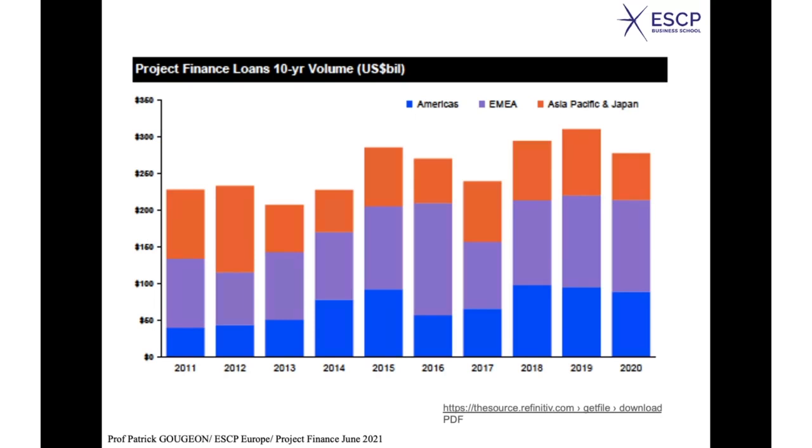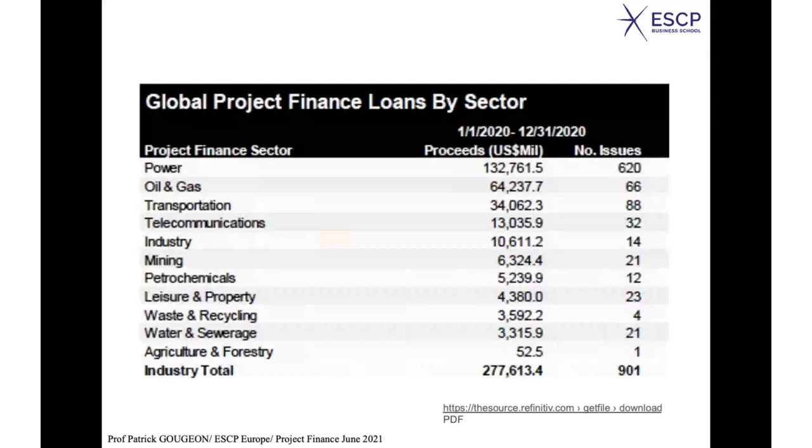Well, global project finance loans by sector, here on this new graph for the year 2020. What you can observe, and it's not surprising considering the challenge it represents today, is that most of the projects are in the energy domain. If you look at power, 133 billion nearly, and for oil and gas, it's around 64.